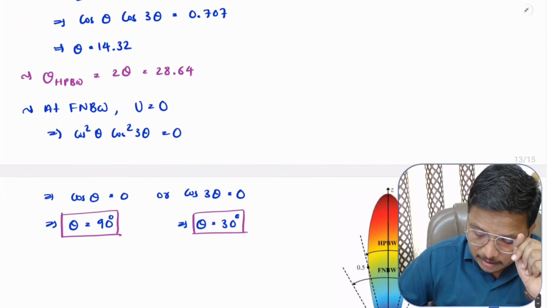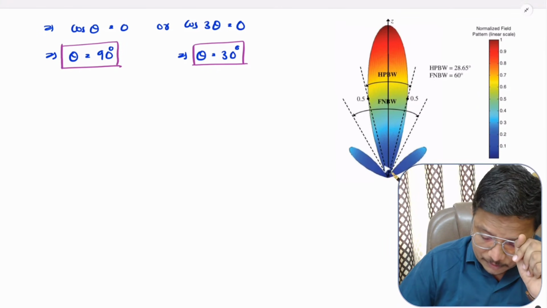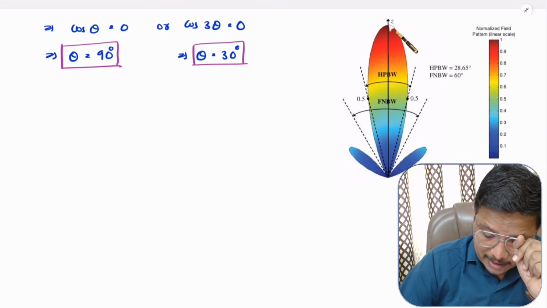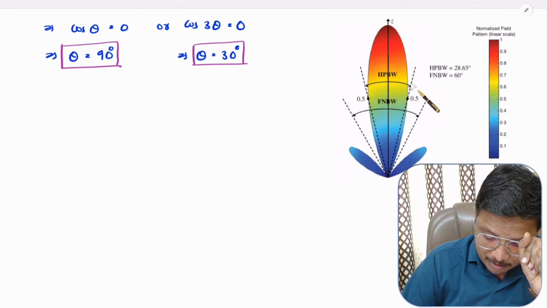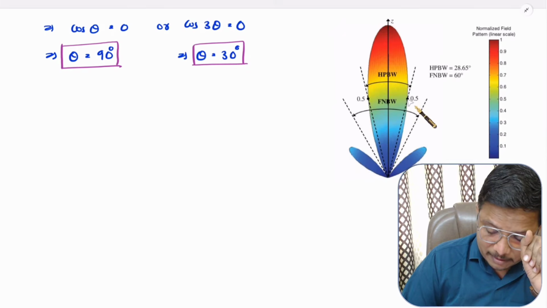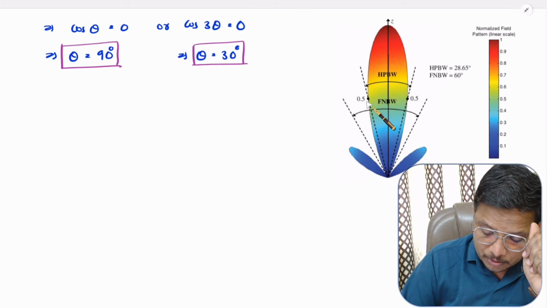You will observe the plot is somewhat like this, where at 0 degrees the maxima will be there. At half power, we had the angle 14.32. That's why we multiplied it by 2 to get this much width.